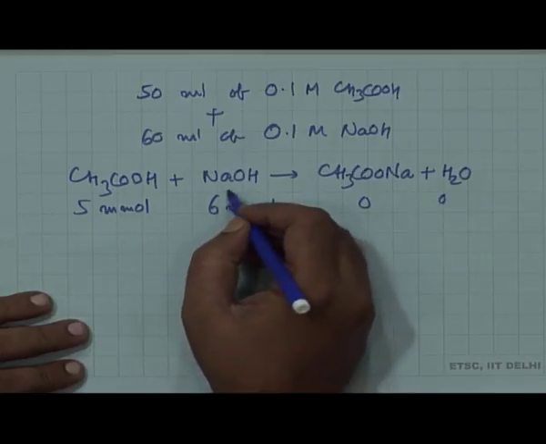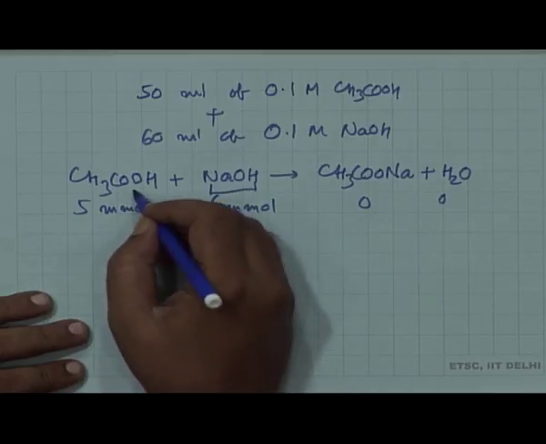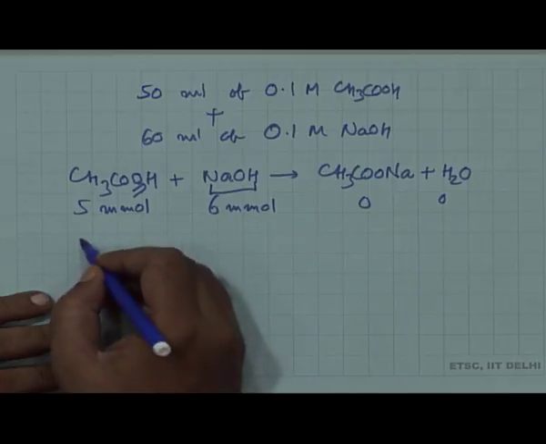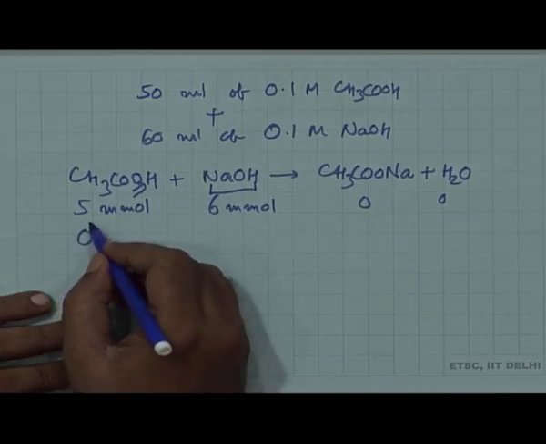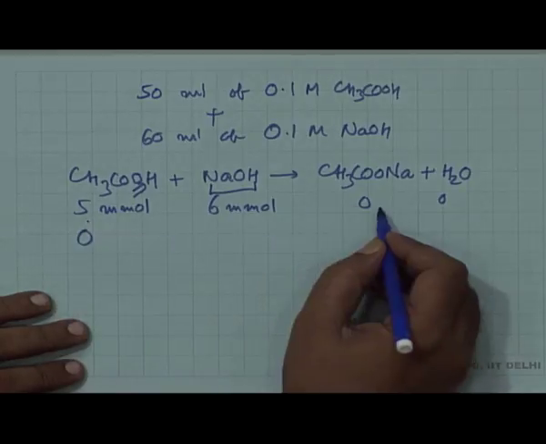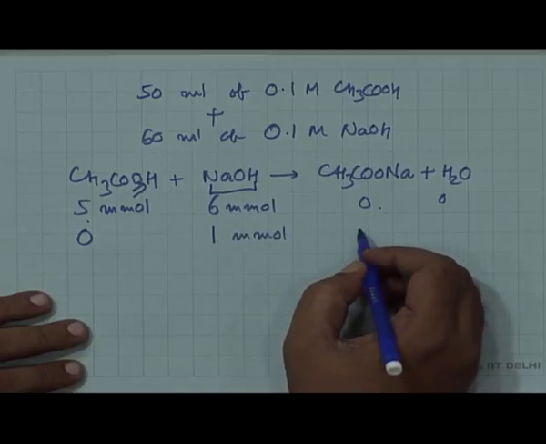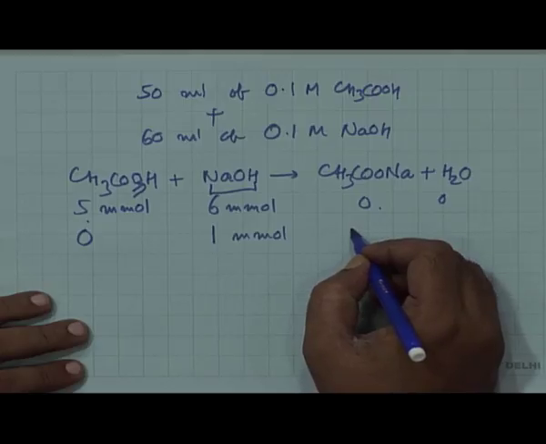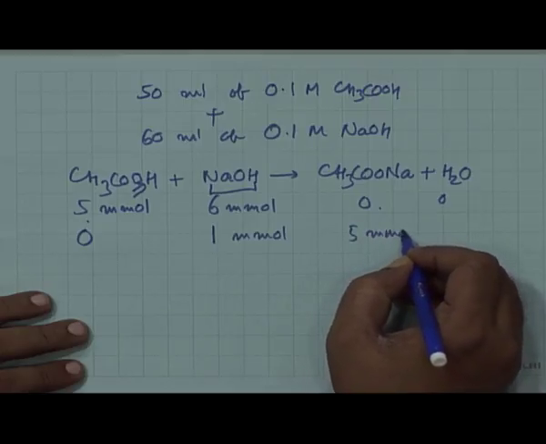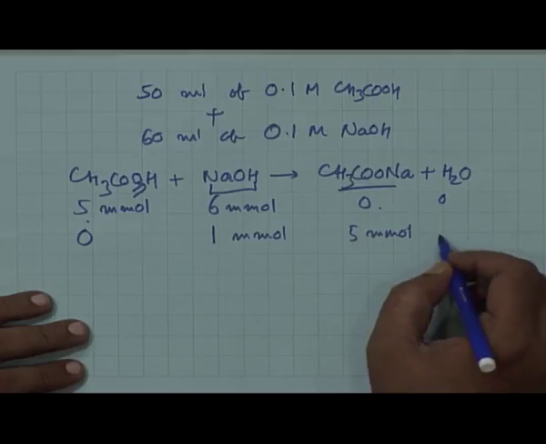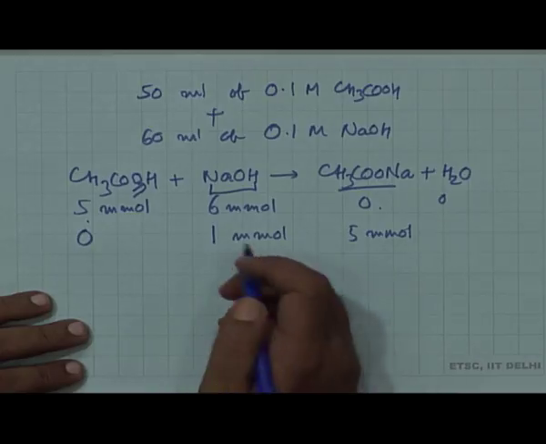Now NaOH is no longer the limiting agent, acetic acid becomes the limiting agent and it will totally go to salt. So what is left is 1 millimole of NaOH and 5 millimole of sodium acetate plus water.